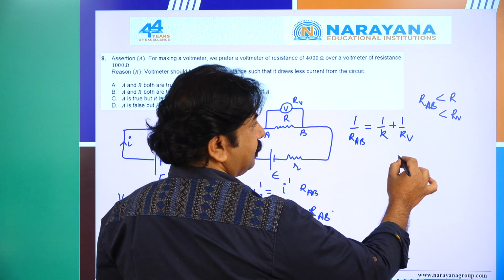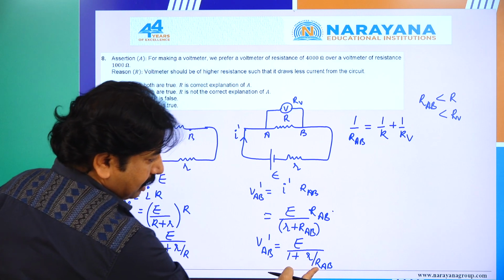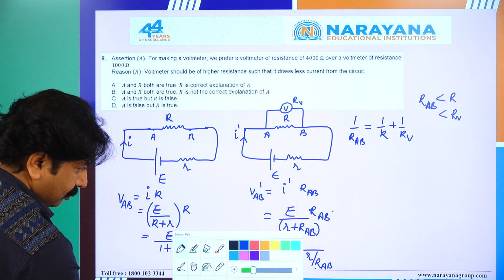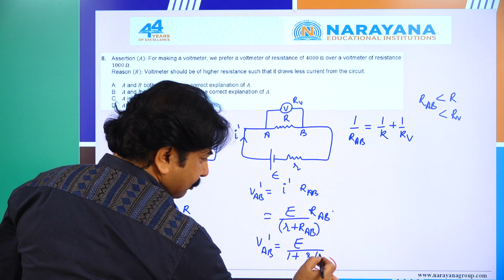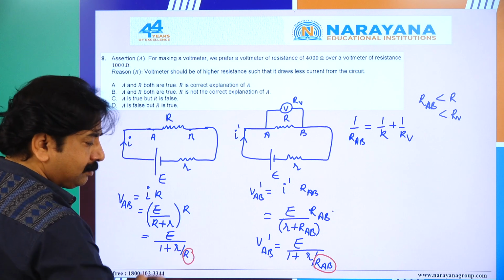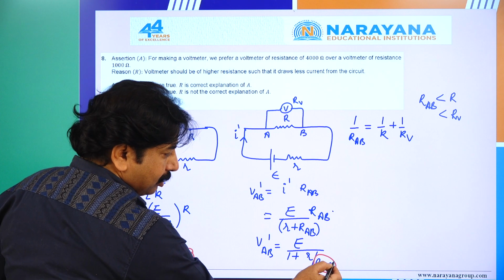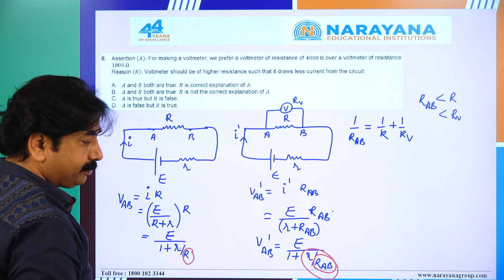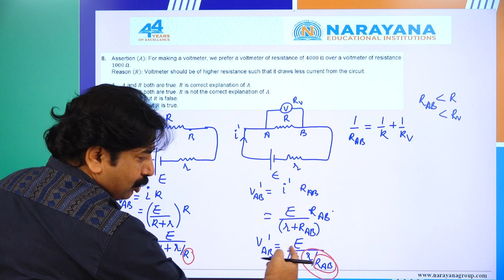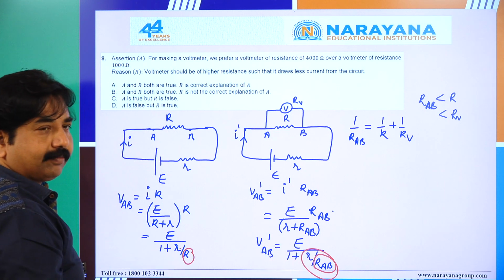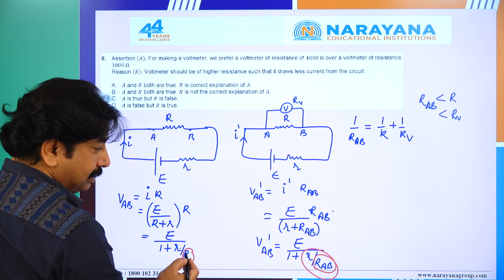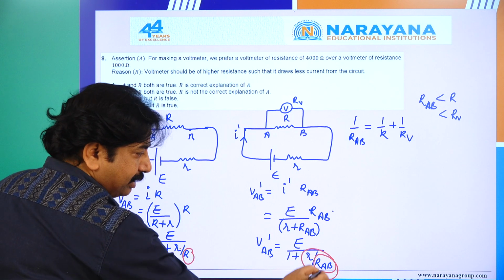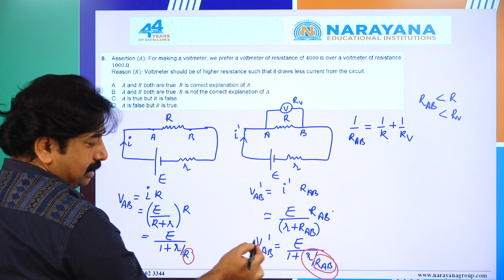One more thing we have to calculate: RAB should be less than R. As RAB is less than R, R by RAB should be greater than R by R. The total denominator is greater, so the total value is less than that of this value.